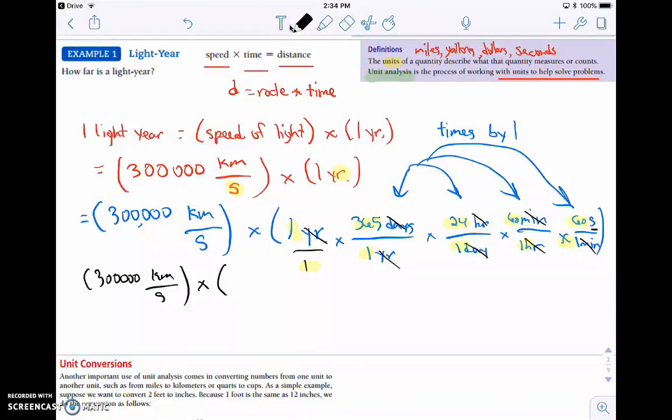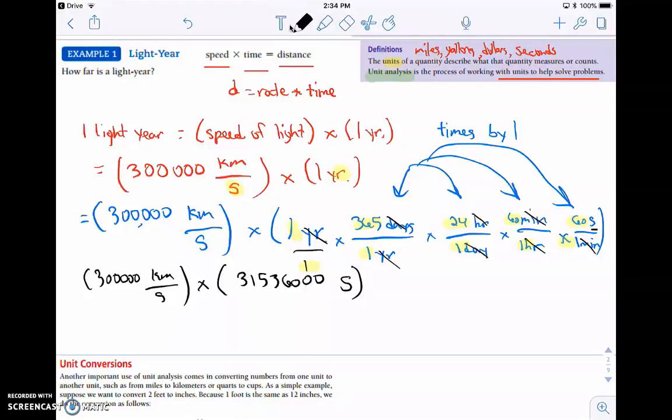So in the numerator, you take 1 times 365 times 24 times 60 times 60, which is 31,536,000. And again, the unit there is seconds. So that's how many seconds there are in a year.